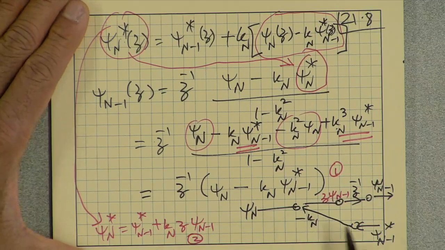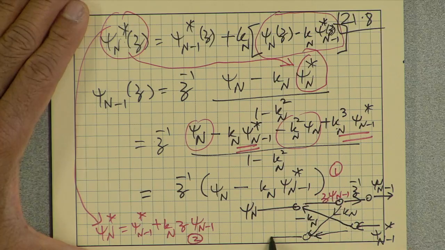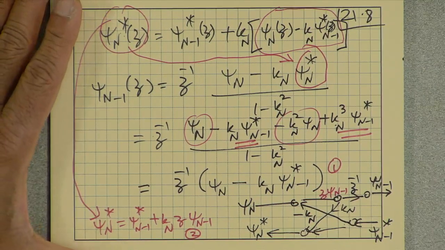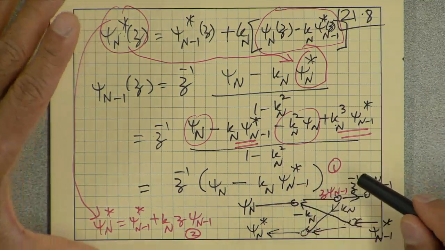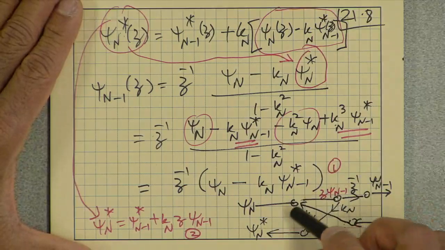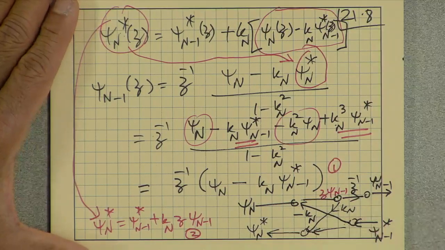So it says take this z psi n minus 1, that intermediate point, multiply by kn, add to psi n minus 1 star, and that is the reverse polynomial. That is the basic stage. If this is an n stage basic lattice, there will be n such stages, one after another.